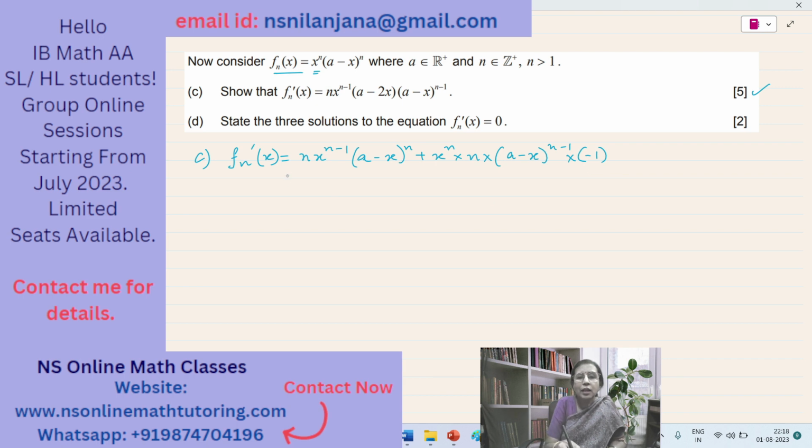So this is equal to, I can take n and x to the power of n minus 1 common. So let us bring out the common factors one by one. n times x to the power of n minus 1 times (a minus x) to the power of n minus 1.